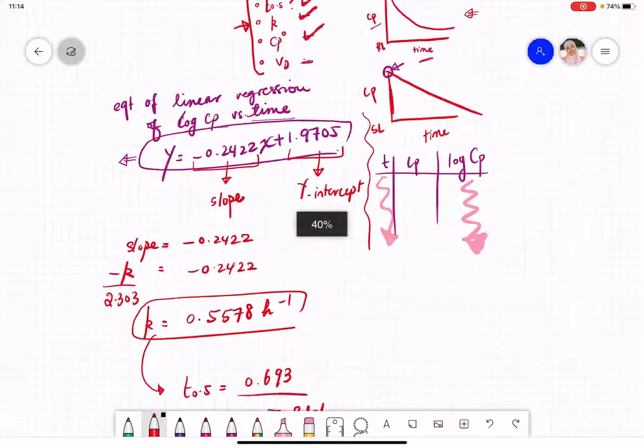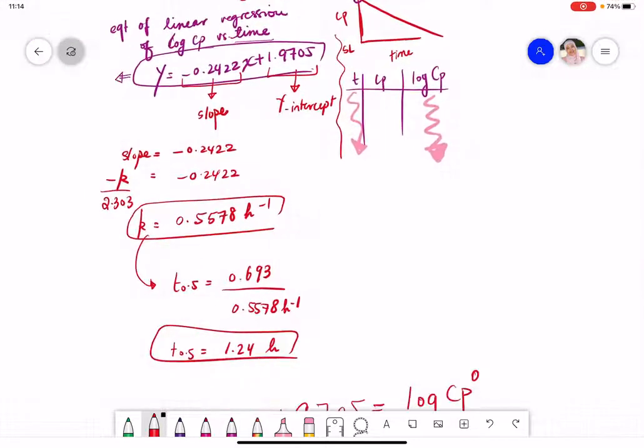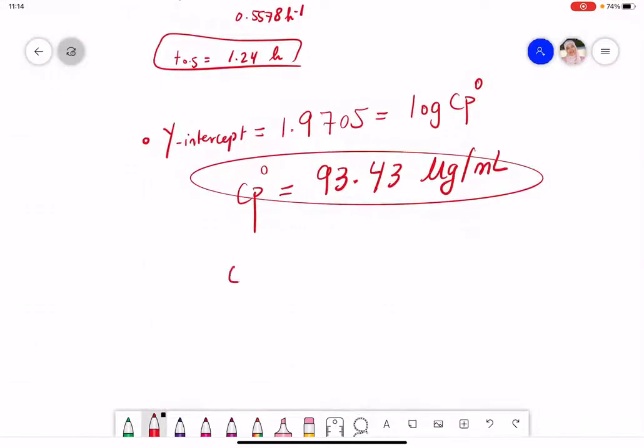Let's determine VD if you have a dose of 250. We know that CB naught equals X naught over VD. Then we have this, and we need this, okay?